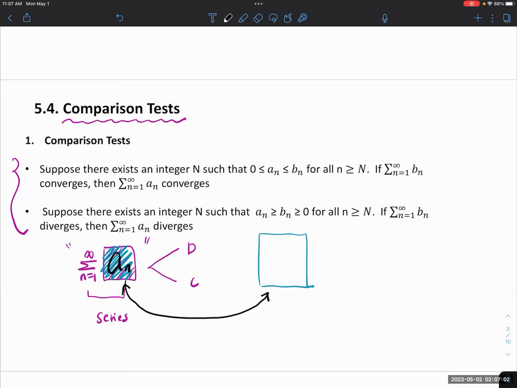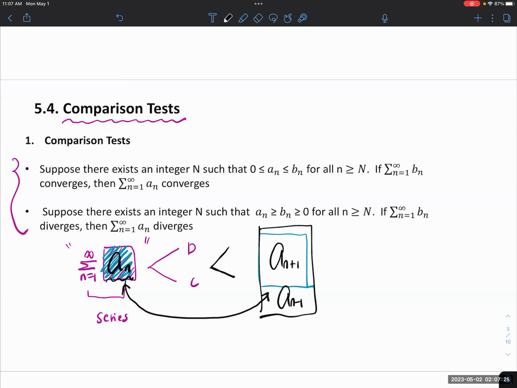Usually you can say something like an increasing relationship, or you can say an plus 1 or an minus 1. I'm just trying to give you examples. I'm going to compare this an with another form that is really close to an.